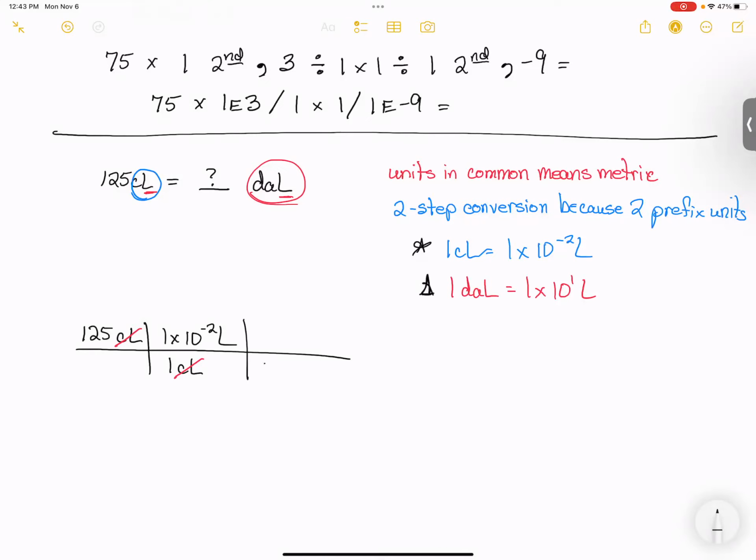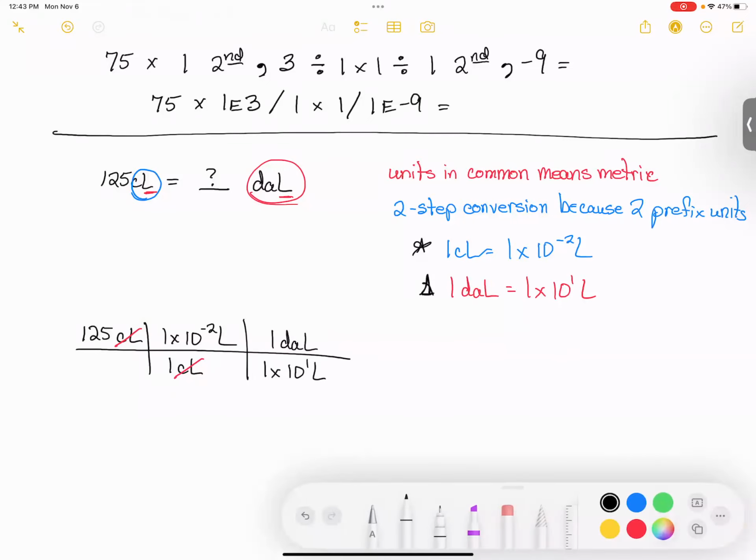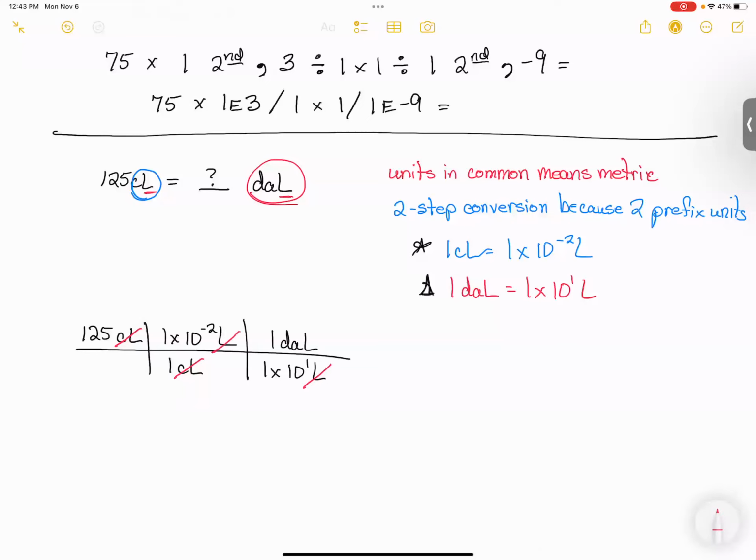The 1 times 10 to the 1 liter will go in the denominator, while the 1 deciliter goes in the numerator. The reason the liter had to go in the denominator is so that it canceled, leaving deciliters. And then keying this in, you get an answer of 0.125 deciliter.